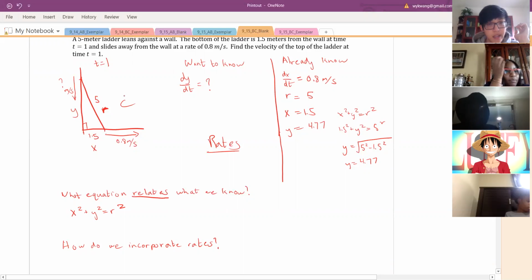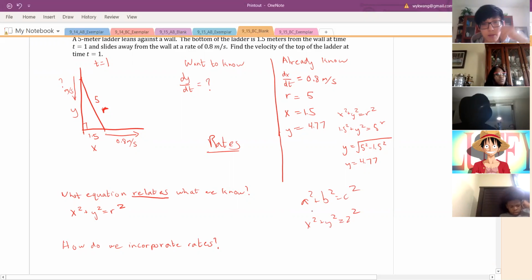But the end equation, x squared plus y squared equals r squared, that is the Pythagorean theorem. You could replace that with a squared plus b squared equals c squared, or x squared plus y squared equals z squared. So the variable names don't actually matter, if that's what you're asking. Yeah, that was it. Okay.